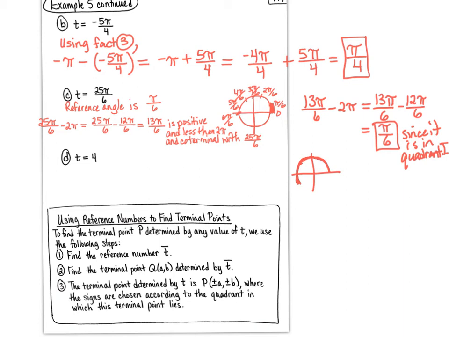So you would then have your reference angle, and I can write t bar for this. T bar is your reference angle. T bar is equal to 4 minus pi, because you want the distance from the x-axis, the shortest distance. So it would be 4 minus pi, which would be approximately what?